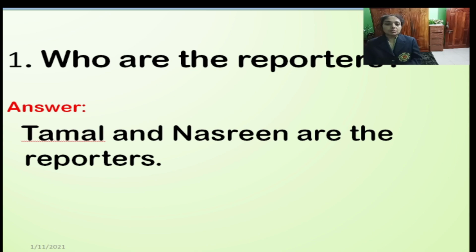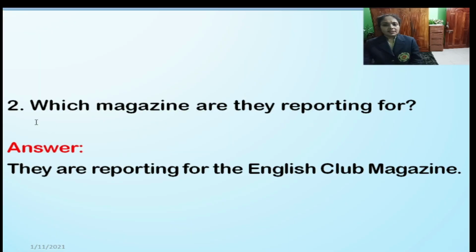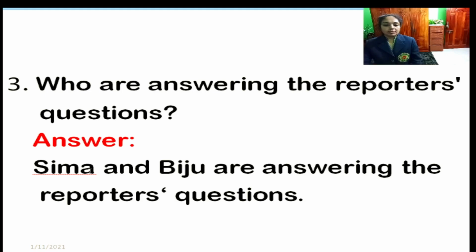Who are the reporters? From our reading of the passage, we have come to know Tomal and Nasrin are the reporters. Second question. Which magazine are they reporting for? Answer. They are reporting for the English Club magazine. Third question.